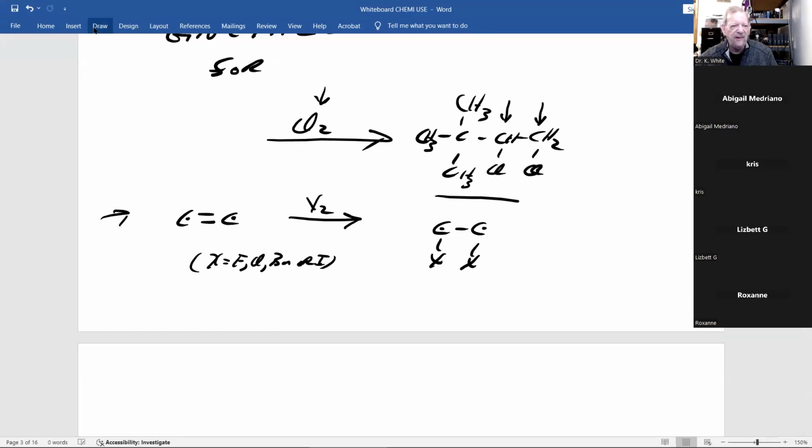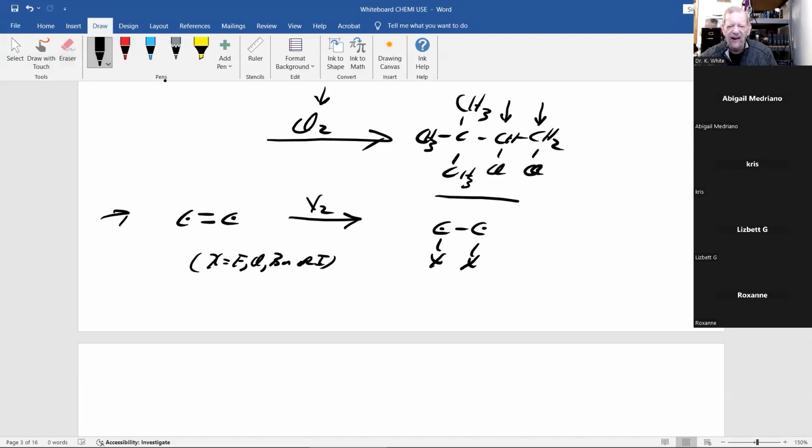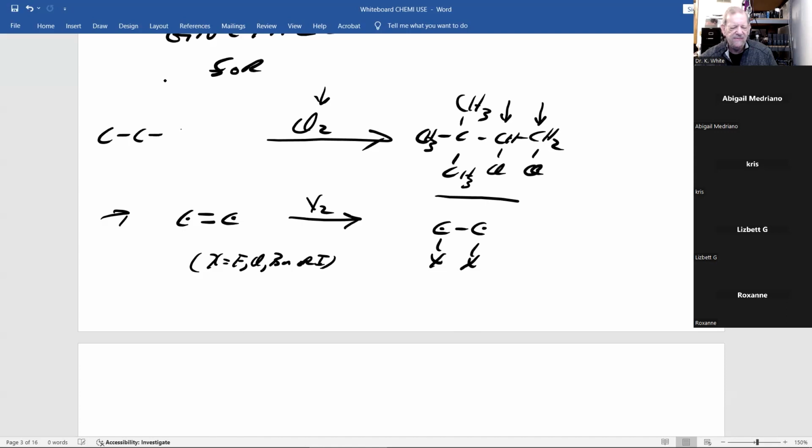I'll need the room here, so I'll erase this. So I have 1, 2, 3, 4 carbons across. I have 2 methyl groups, remember that's CH3. Which 2 carbons have the chlorine? Those 2. Which are these 2 carbons, which would now be a double bond.